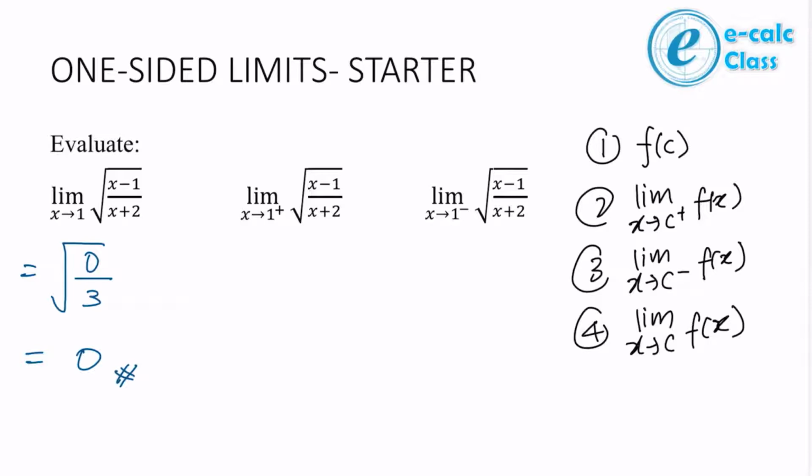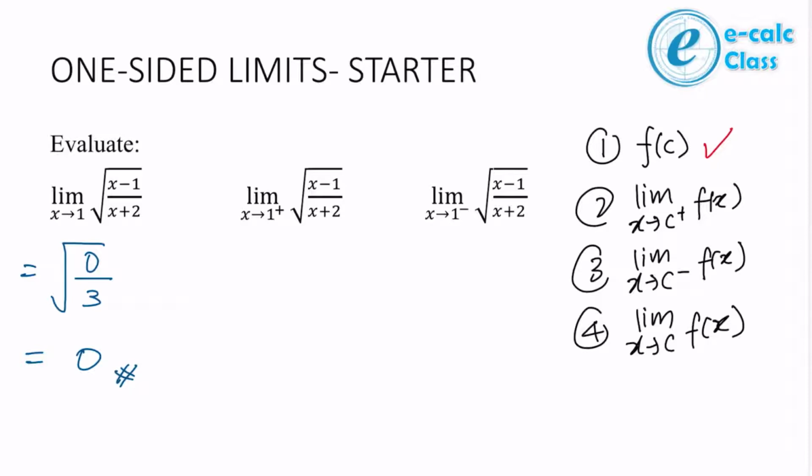So in this case, if you can sub in the value and you get a defined answer, it only means that your f of c exists. Your f of c is defined. This is a little bit different from our previous discussion, because there we always got that your limit exists.